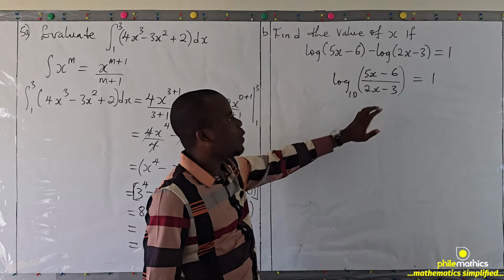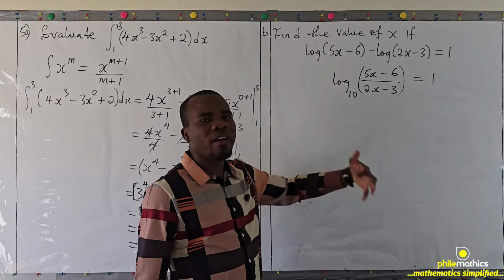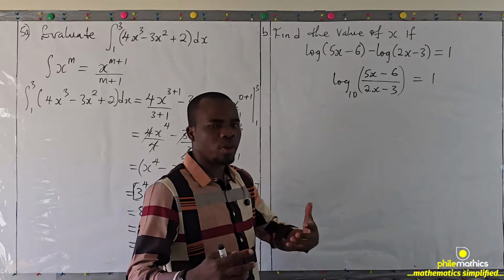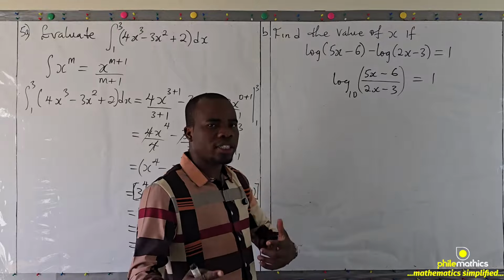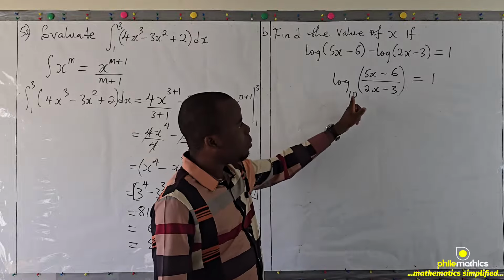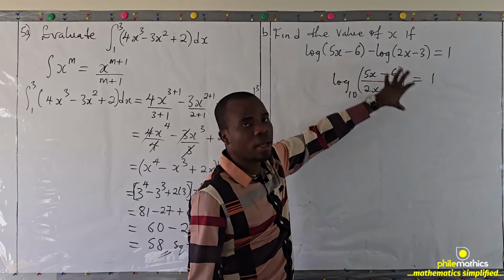So this is the same as this. They are equivalent. Now, how we'll find x here is we'll convert this logarithm to indices. There's a relationship that exists between logarithm and indices. And how we do that is this base to this power equals this number.